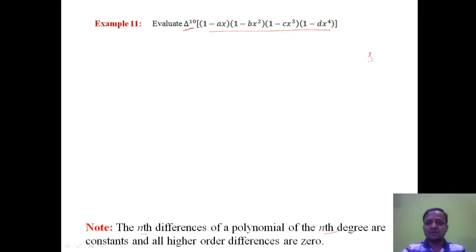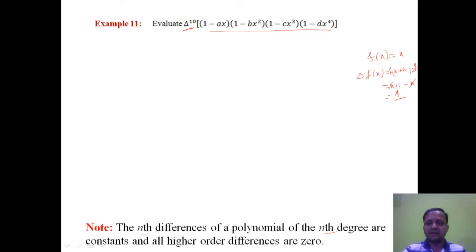Suppose here f of x is equal to x, which represents a first order polynomial. If you apply delta of f of x, the first order difference, it will become f of x plus h minus f of x. Suppose h is equal to 1, it will become (x plus 1) minus x. x will cancel out, leaving 1.